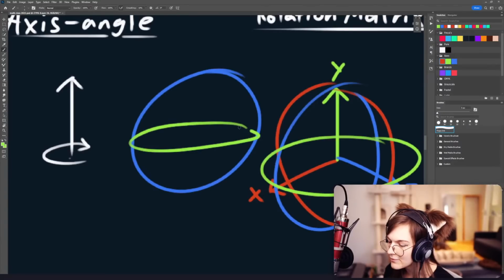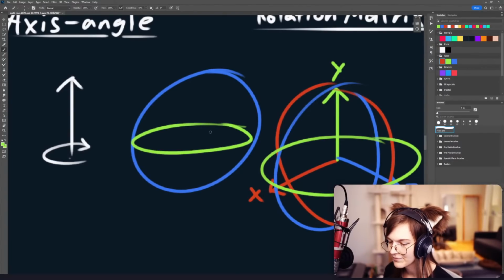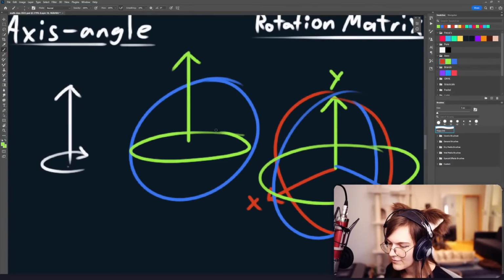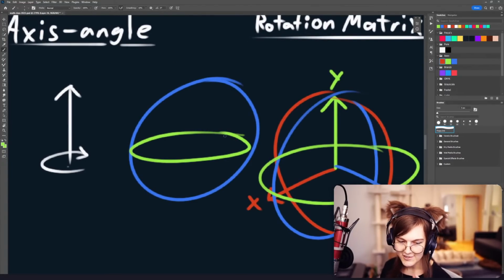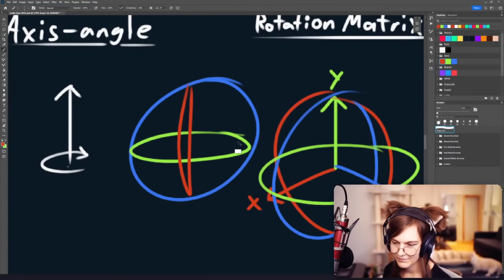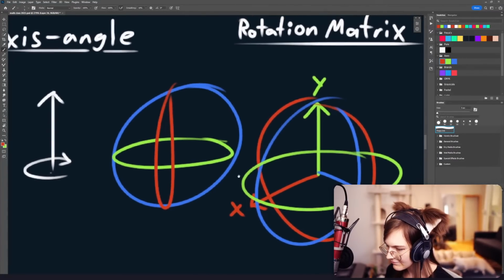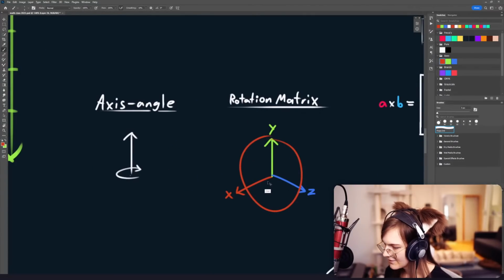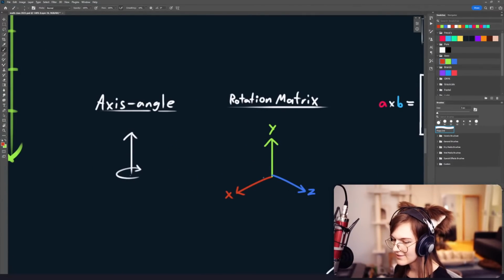But what it really wants to show is this disk, because it rotates around the y-axis. So it doesn't actually change the colors. It's just the way that it's visualized. And that's how it looks, right? Okay. So that's why the gizmo looks the way it does in Unity.